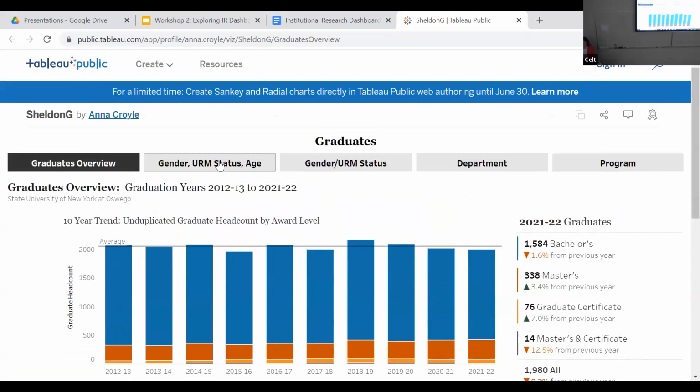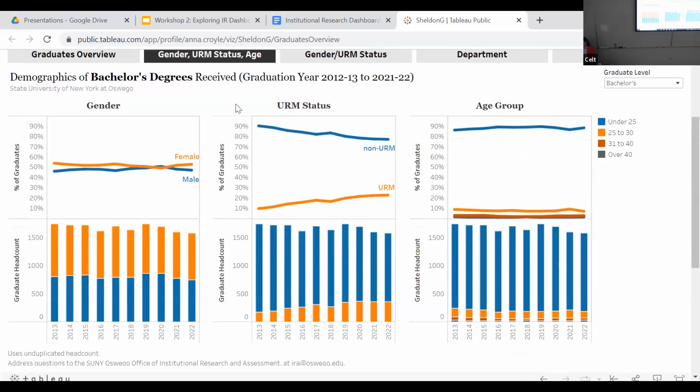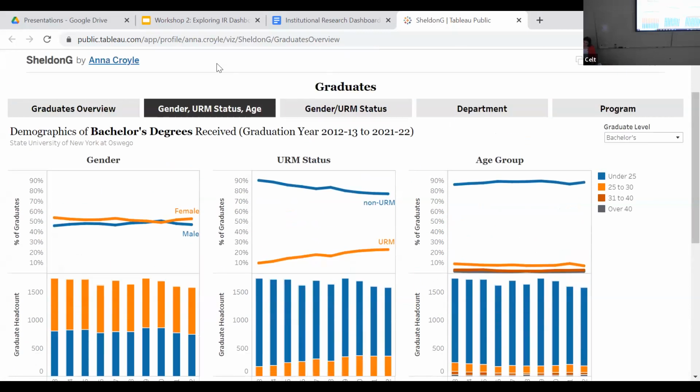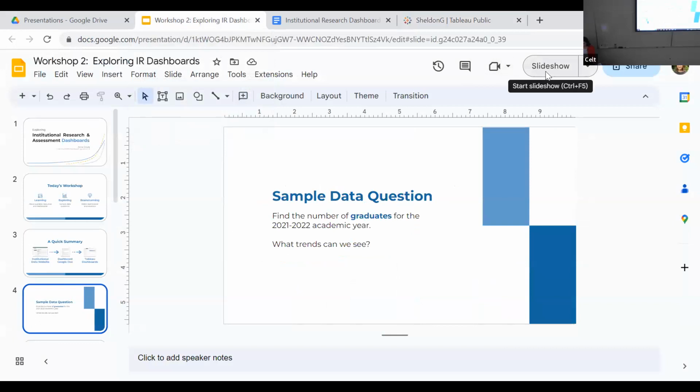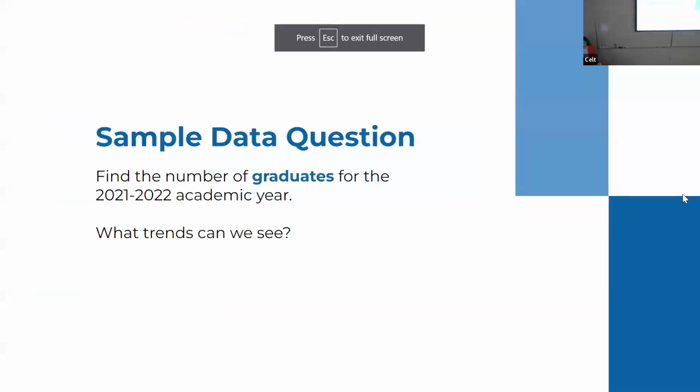We can break it down by demographics if we're interested in trends by gender, for example. With URM status, you can see an increasing number of URM graduates over the last 10 years. That's one example of the kind of exploration we could start looking at with graduates.